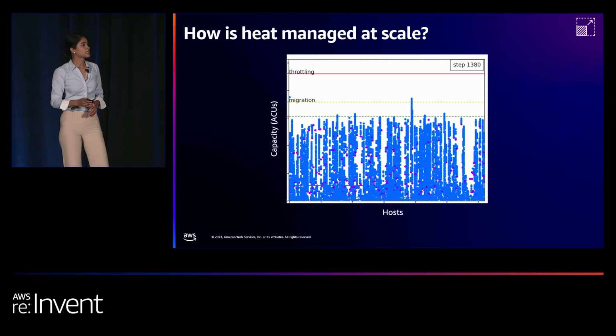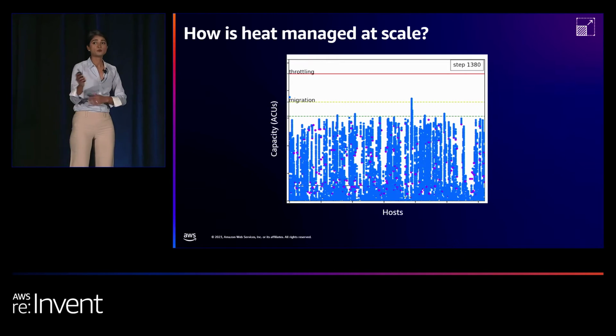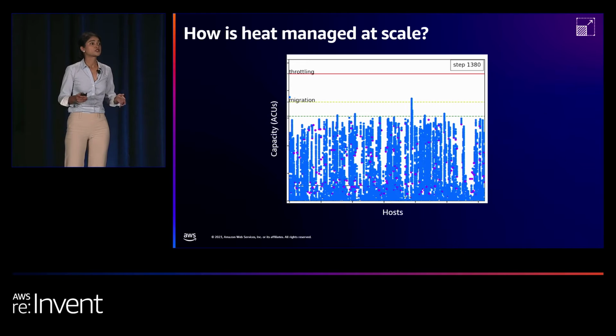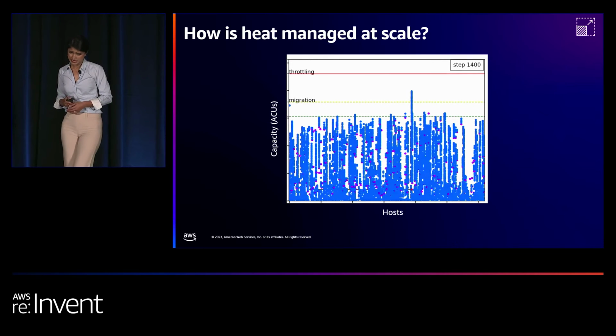A vertical line composed of blue dots is a single host containing all of these instances. This shows that when your host reaches a certain threshold, we move instances around to make sure there's enough room. A black arrow left and right is going to appear to show how instances are moved around. I'm just showing a small region to give you an idea.